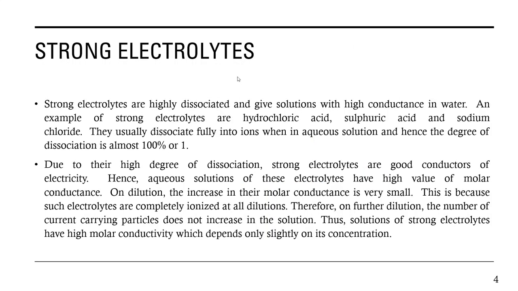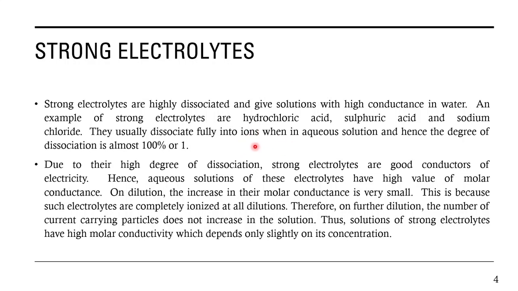When you have electrolytes dissolved in water, there are two types: strong electrolytes or weak electrolytes. Strong electrolytes are highly dissociated and give solutions with high conductance in water. Examples are hydrochloric acid, sulfuric acid, and sodium chloride, which usually give almost 100% dissociation.